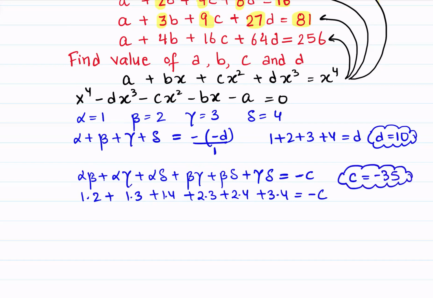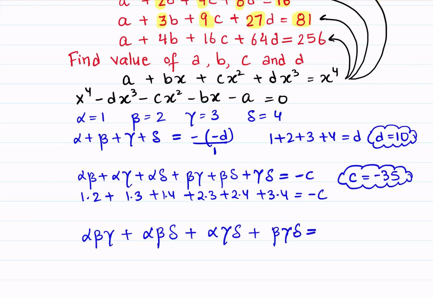Now taking the third relation, that is the sum of products of roots taken 3 at a time. So we have alpha beta gamma plus alpha beta delta plus alpha gamma delta plus beta gamma delta.